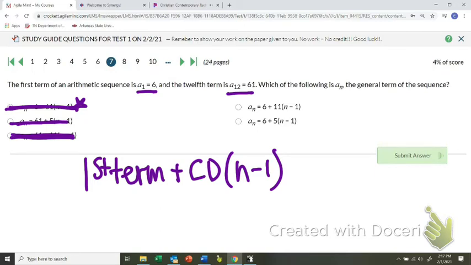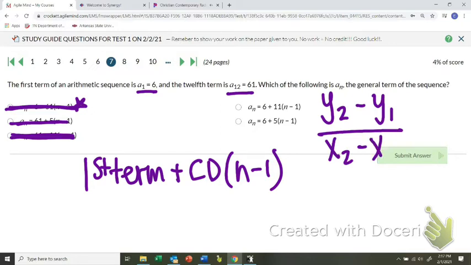So, do you remember this? Remember that? Slope with 2 points. All right. So, for this 6, it would be 1 comma 6 because it's the first term. And this one would be 12 comma 61. Okay?